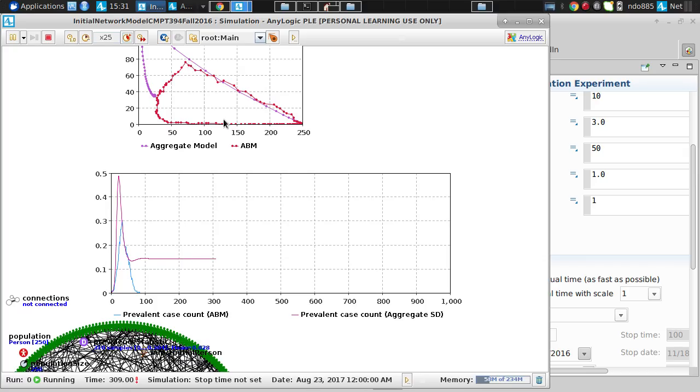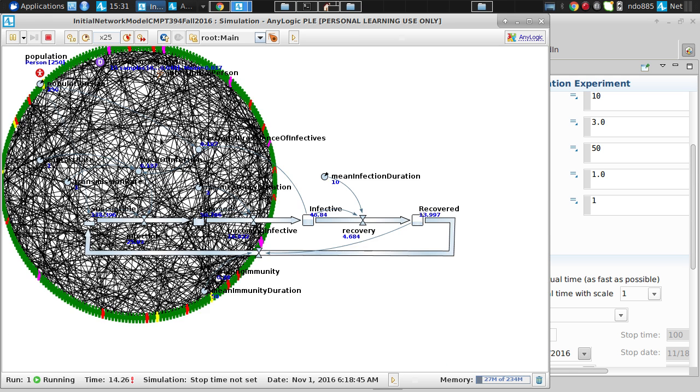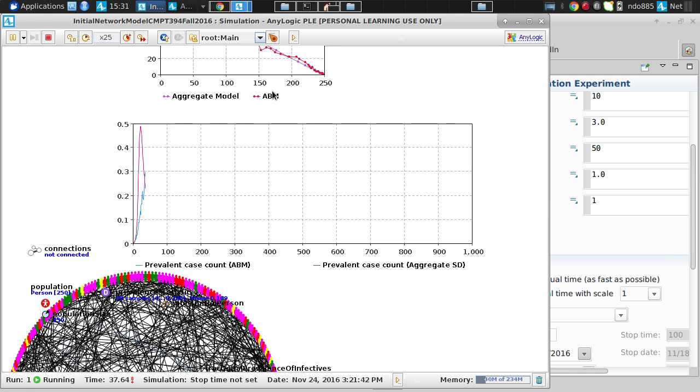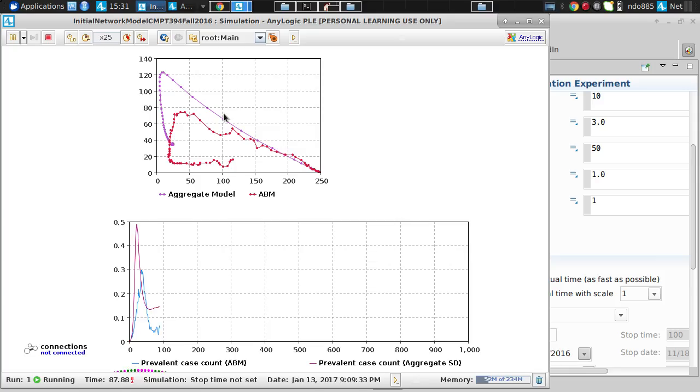Now, did it go to the same equilibrium? What happened there? So let's run that again. Make sure you set it so that your random seed is different every time. What's going on here?